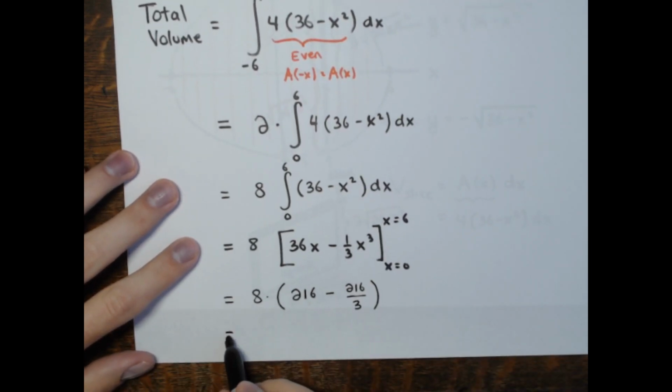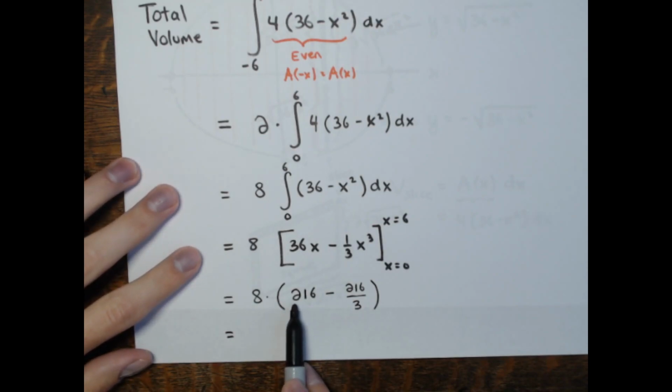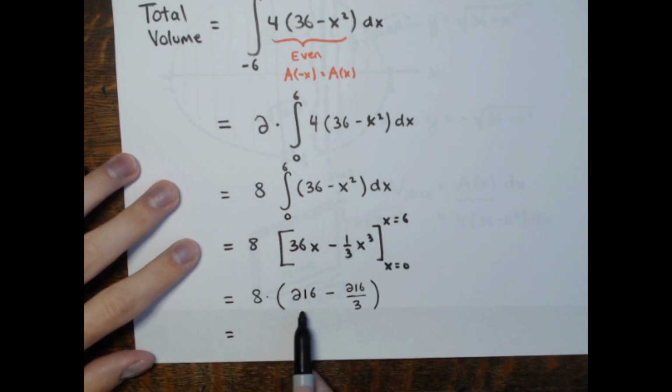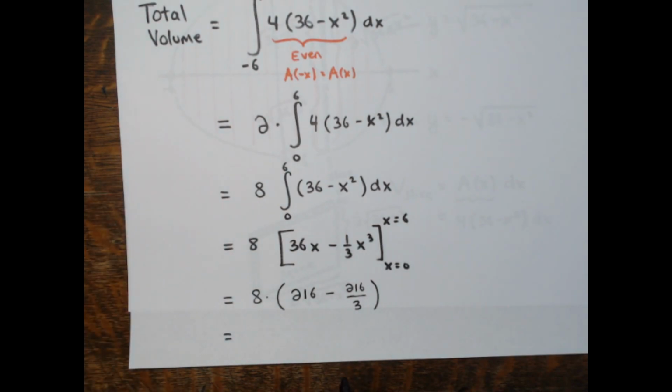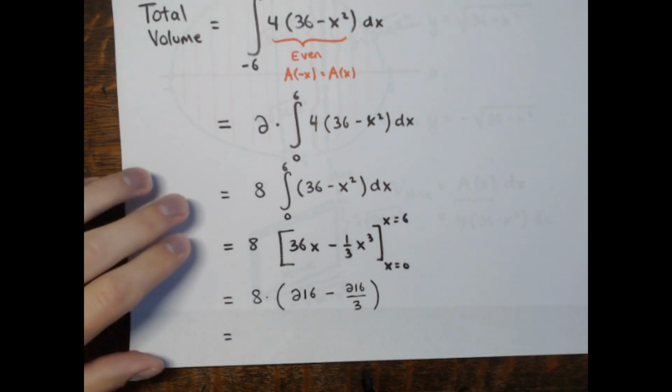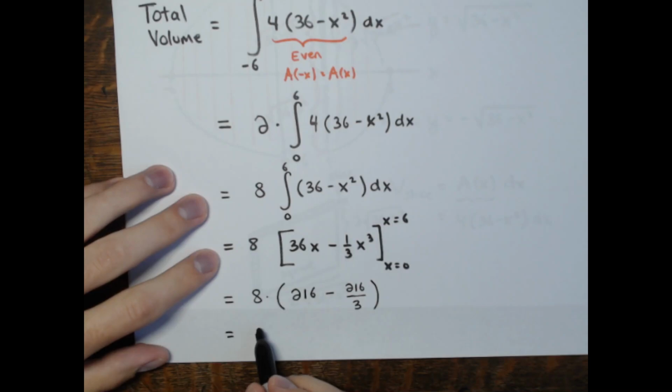And if I factor 216 out of this, 8 times 216, 8 times 200 is 1600. 8 times 16 is 80 and 48, so that's 128. So 1728, that's 12 cubed, 1728, 2 cubed and 6 cubed, 12 cubed, 1728.